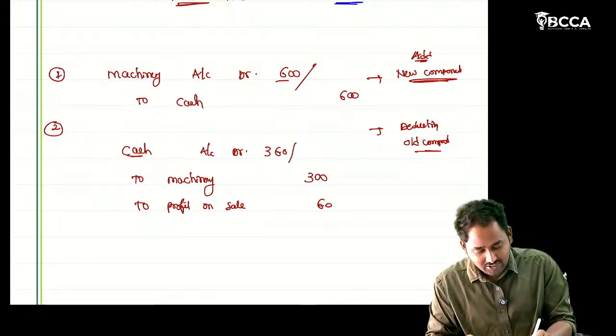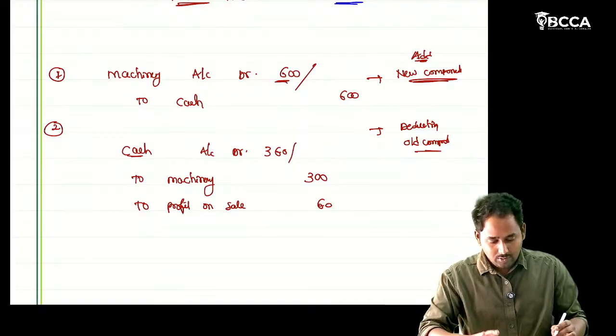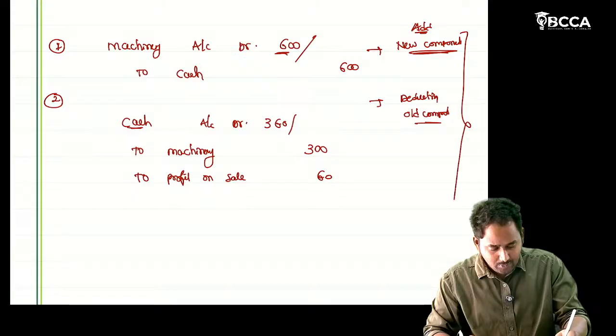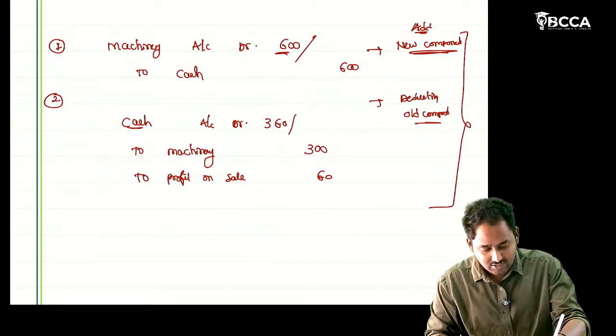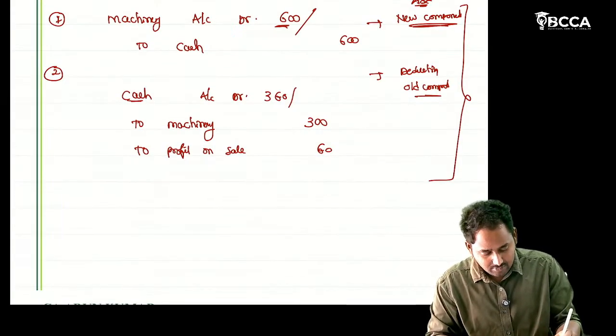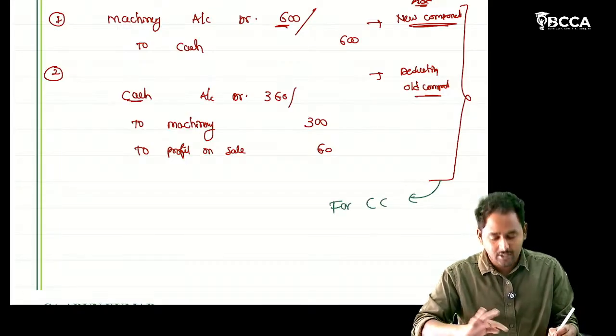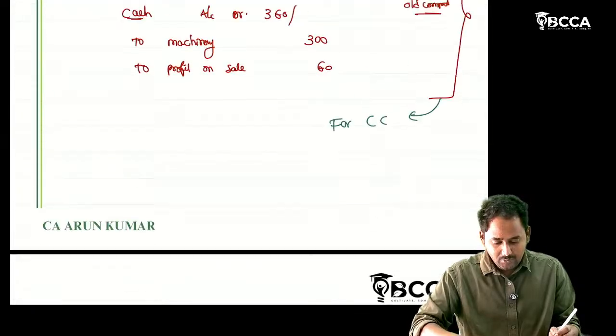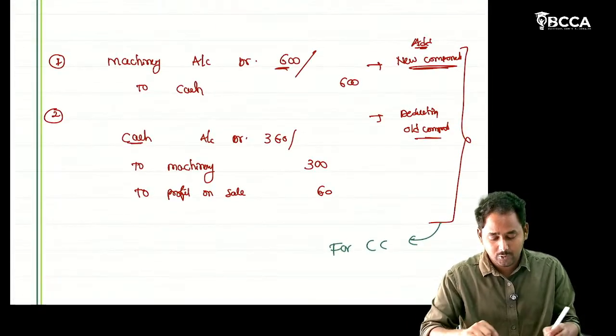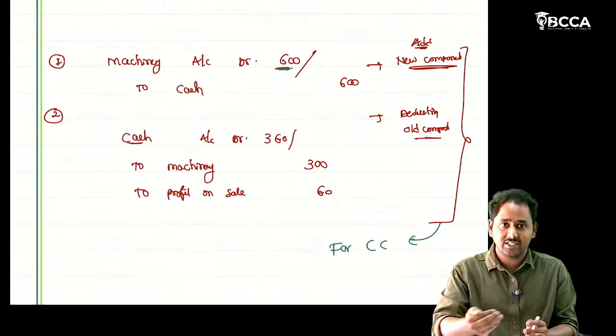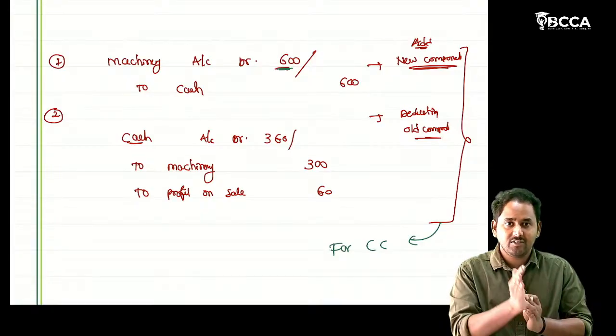This is for understanding purposes only. This journal entry is for CC, conceptual clarity. But here the new asset is purchased by exchange of the old machinery.